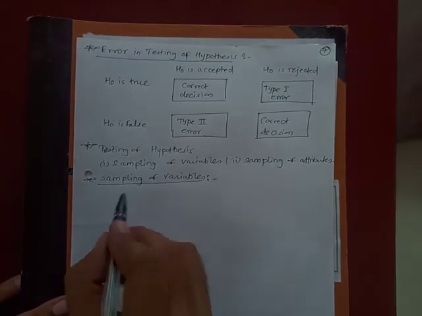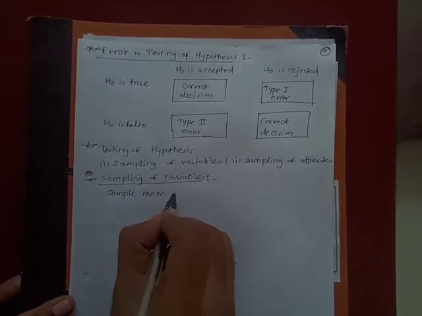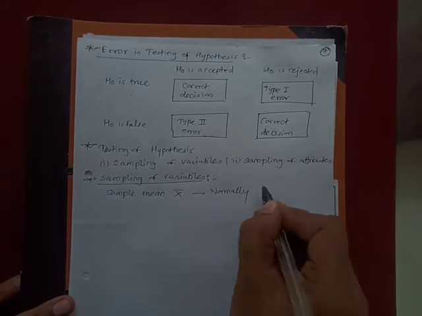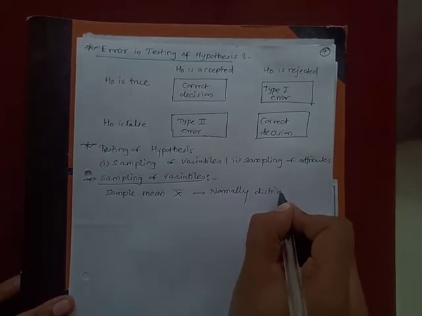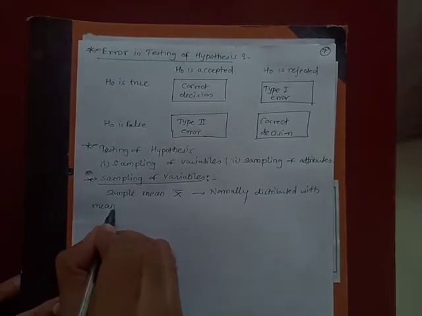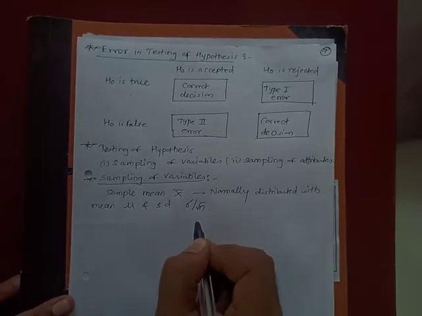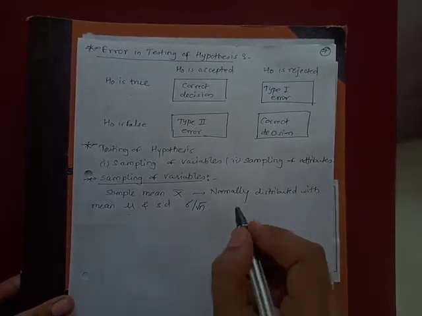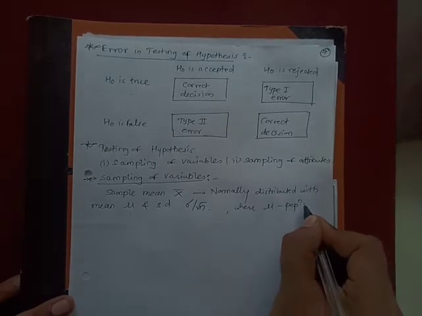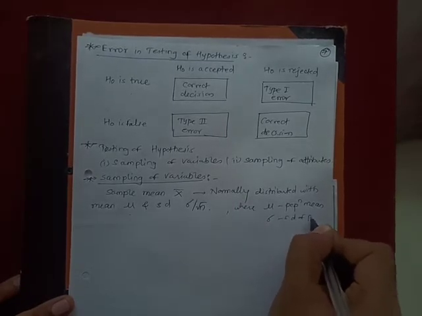We have already seen that the sample mean x bar is normally distributed with mean mu and standard deviation sigma upon square root n, where mu is the population mean and sigma is the standard deviation of the population, right?